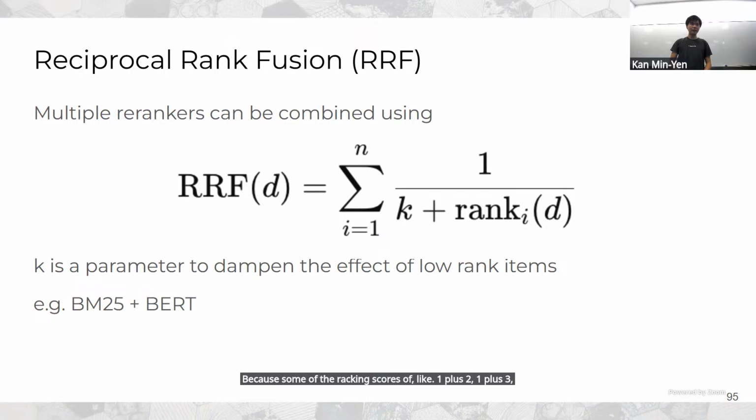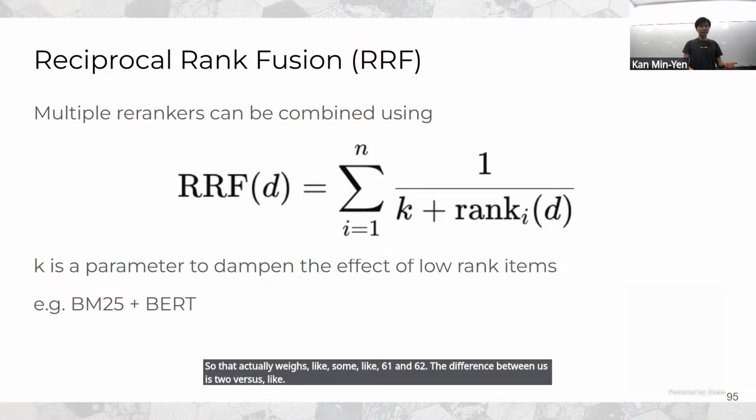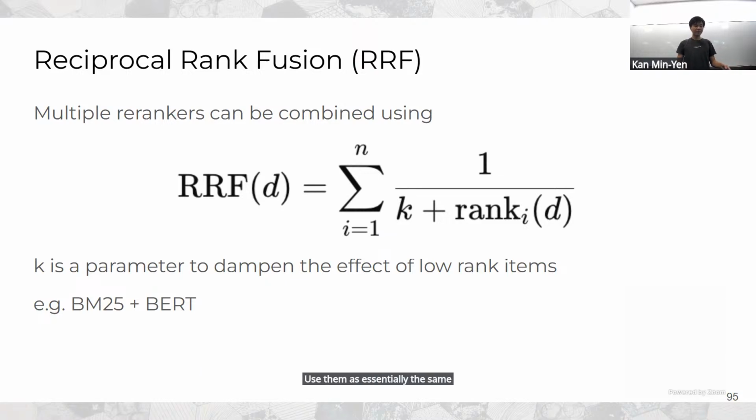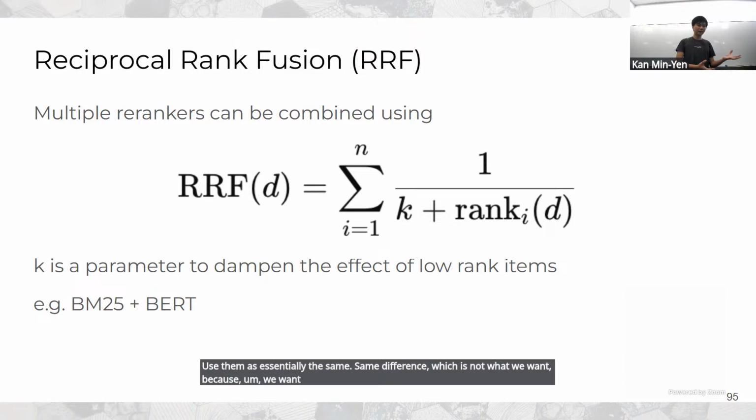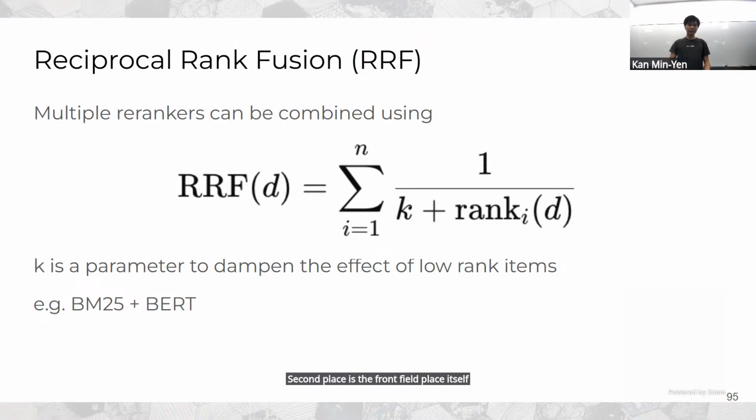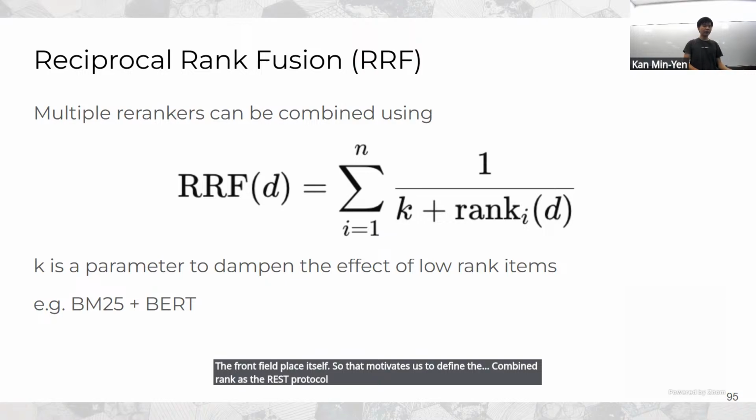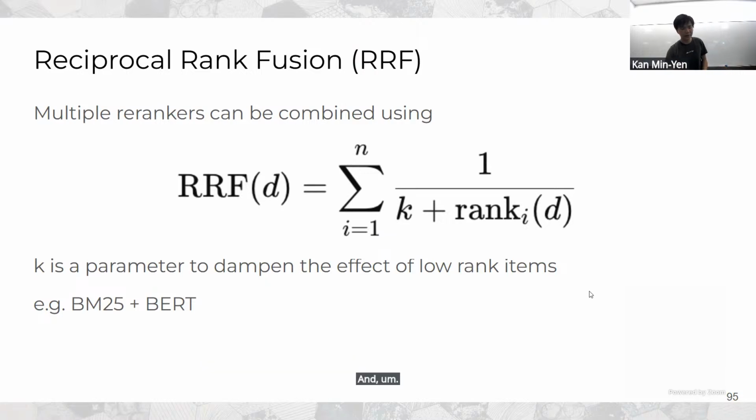But it turns out that the difference between 61 and 62 versus 1 and 2 is viewed as essentially the same difference, which is not what we want, because we want higher importance on the first and second places, the front few places. So that motivates us to define the combined rank as the reciprocal. Now 1/1 versus 1/2 is very different from 1/61 versus 1/62. And so that's why the rank is in the denominator.